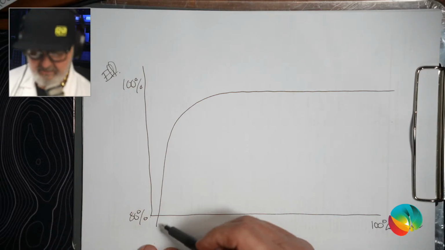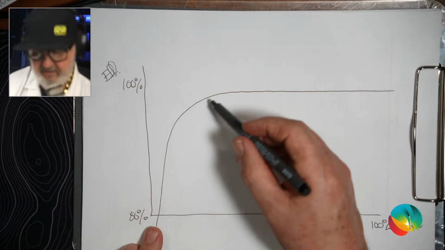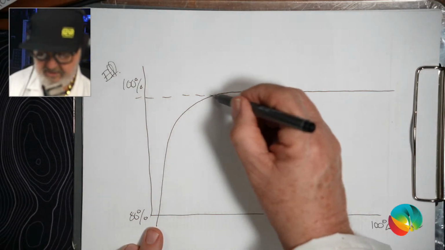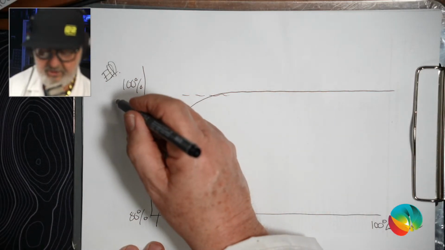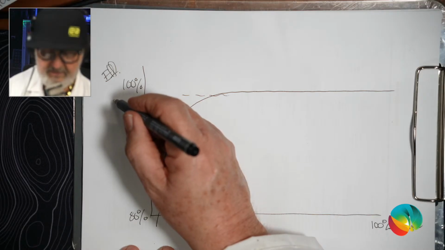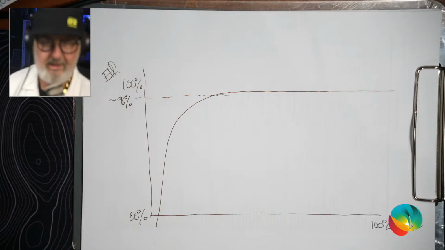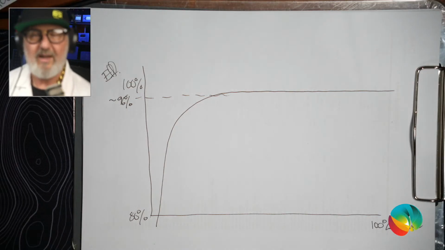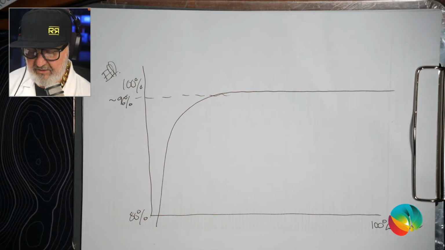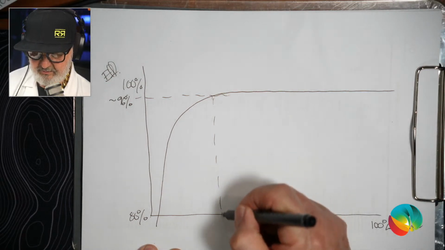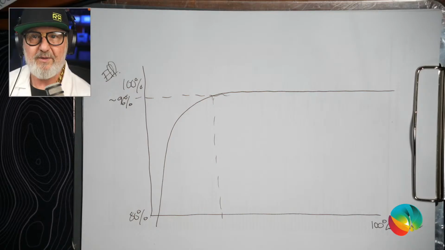So you can see that it climbs pretty quickly until it gets up to, and these days for string inverters, it's generally north of 95, let's call it approximately 96% efficient, because they're pretty darn efficient at converting solar DC into AC. And that means we're hitting that peak efficiency.